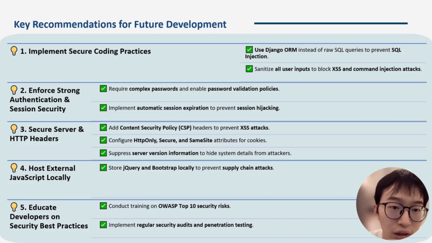Second, enhance authentication and session security by requiring complex passwords, enabling session expiration, and secure cookies with proper attributes. Third, harden server configurations by adding security headers, hiding version information, and storing static files locally to prevent supply chain attacks. Finally, train developers on security best practices and conduct regular security audits and penetration testing to ensure optimal protection.